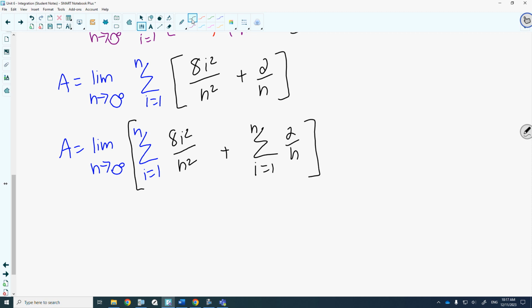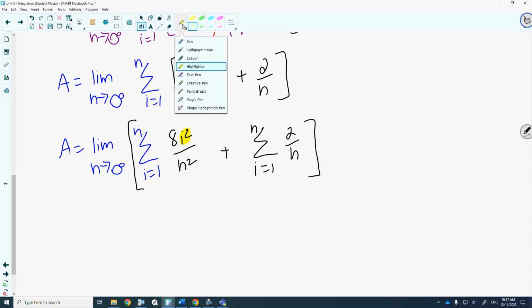And then from here, our goal is to isolate i squareds, i cubes, or constants. So in this first summation, I have an i squared. I want to isolate this because then I could replace that with the formula, and this would be the formula for the sum of squares.